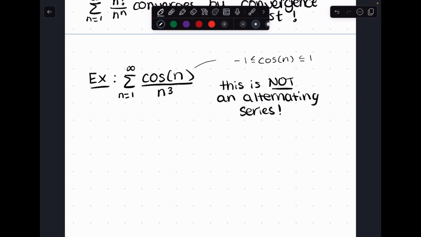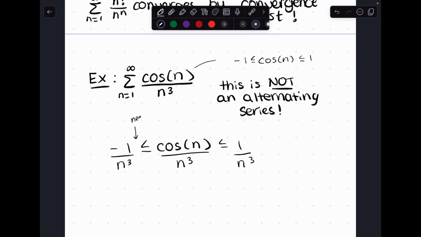And so what we could do is try to use the comparison test on this, where we have cosine of n bounded between -1 and 1. And so this is our inequality with all of our terms. But we don't have this bounded below by 0.